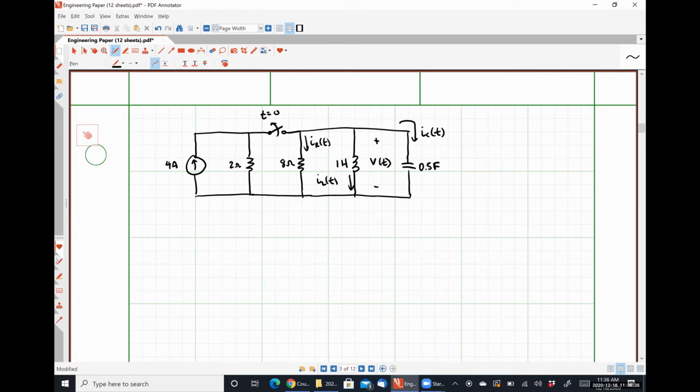So one thing that I want to point out here is that we are never going to be able to solve for the quantity IR of t directly. And we can really only solve for the voltage drop over the resistor by solving for the voltage drop over the capacitor first. They're going to be the exact same thing. But the problem that we're going to face, why we're never going to deal with resistor quantities first, is because in the capacitor and the inductor, there is a derivative-based relationship.